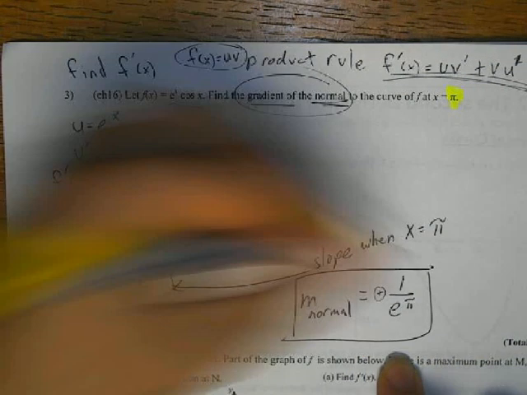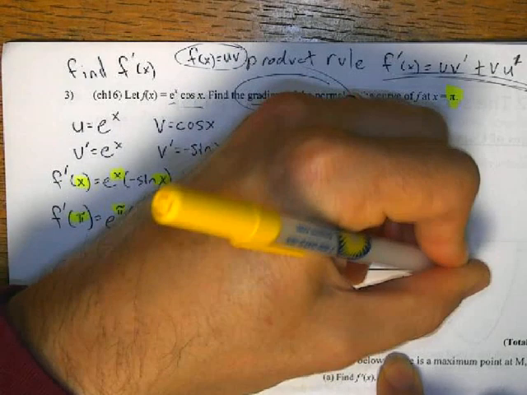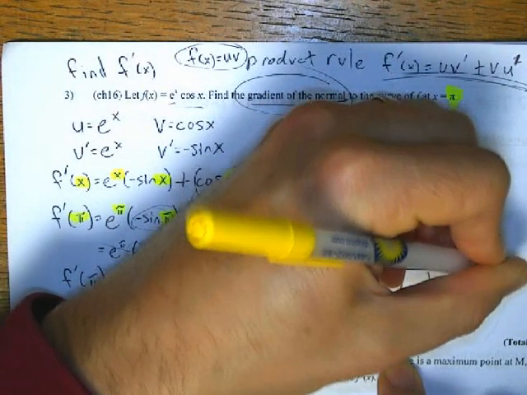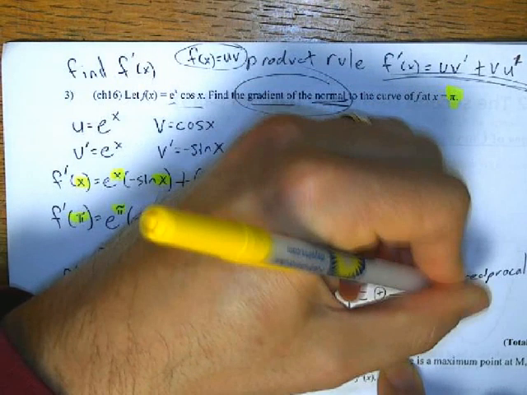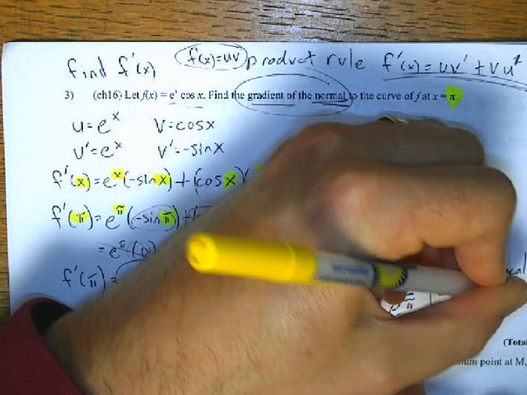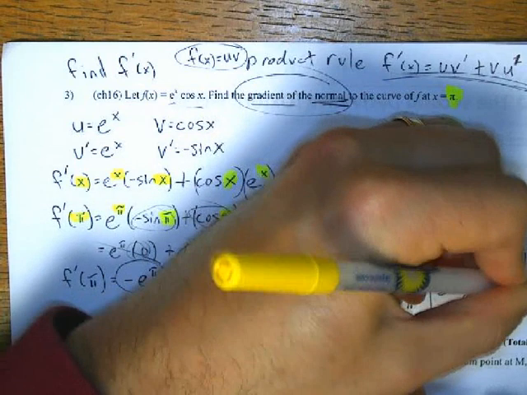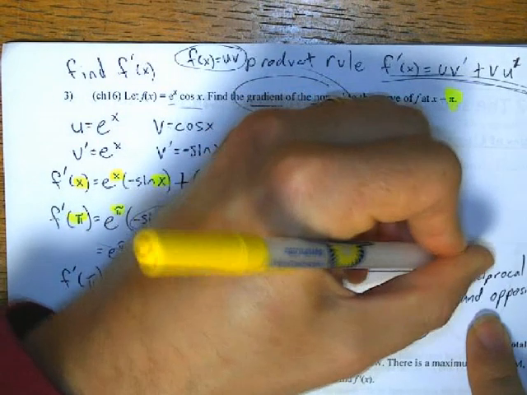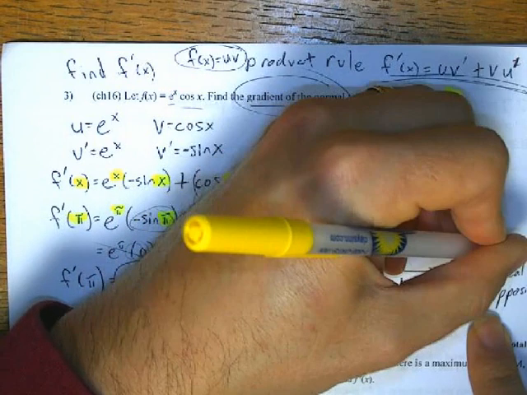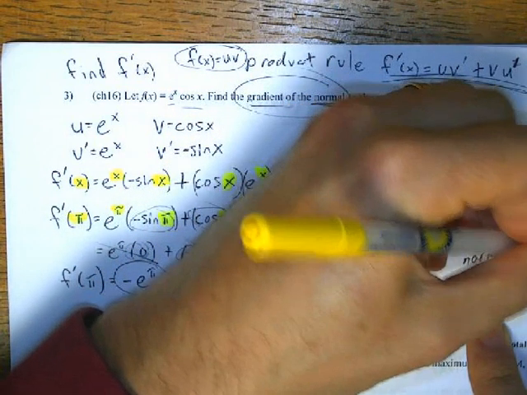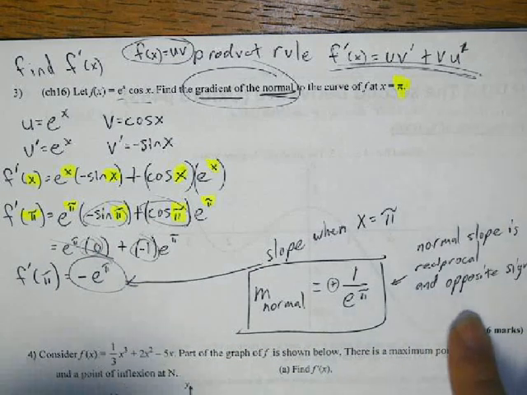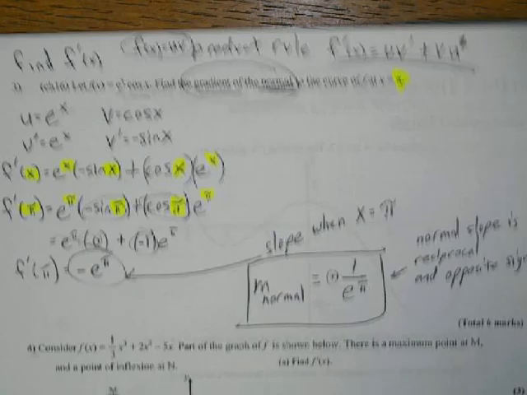So remember, it's the reciprocal and opposite sign. The normal slope is the reciprocal and opposite sign.